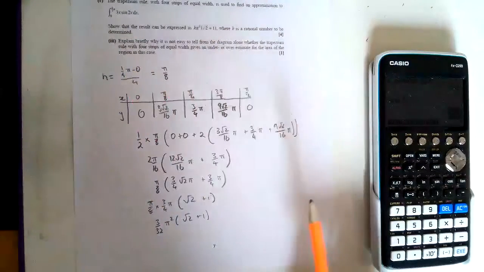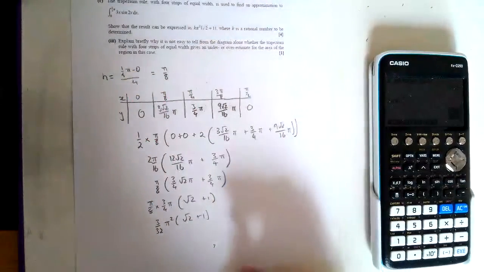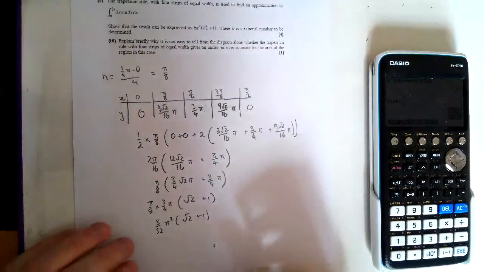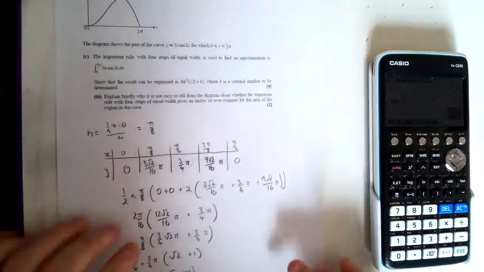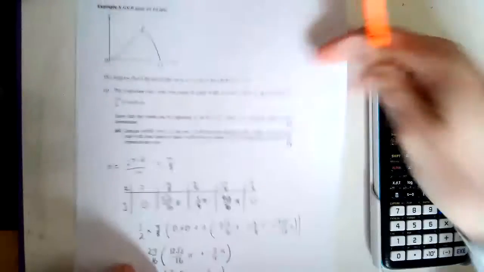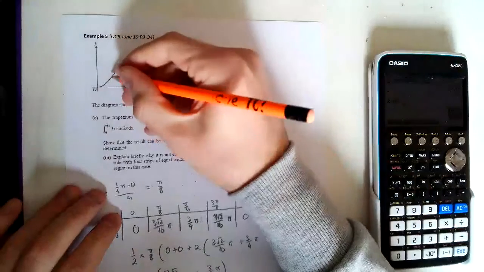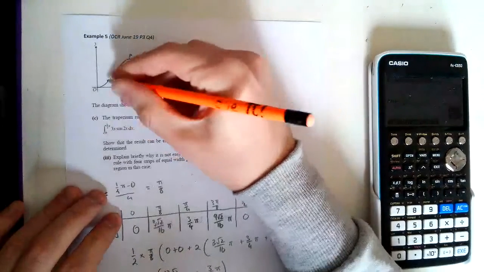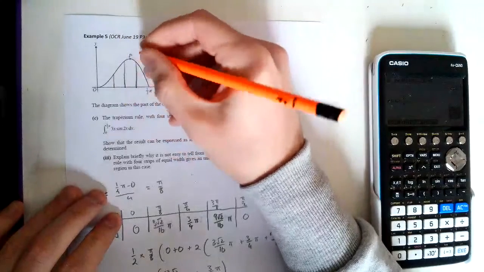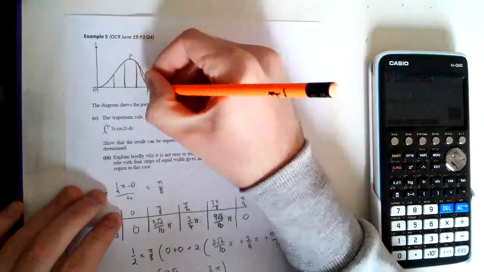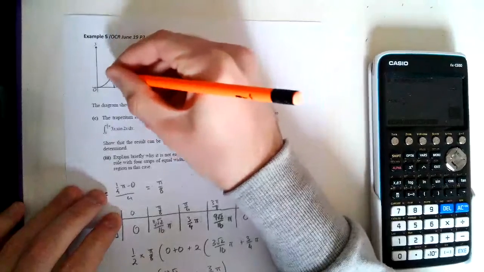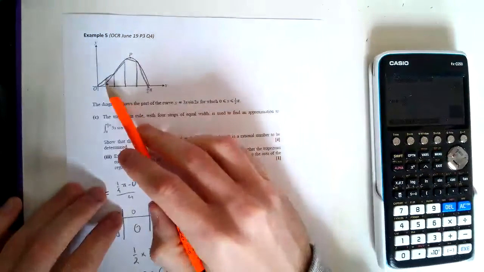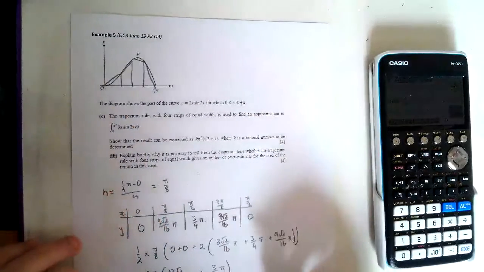And then I explain briefly why it's not easy to tell from the diagram alone whether it's an underestimate or overestimate. Well, if you look at the diagram, if I split this into 4, 1, 2, 3, 4, and I draw my trapeziums, then you should hopefully see that some trapeziums are above the curve and some are below.